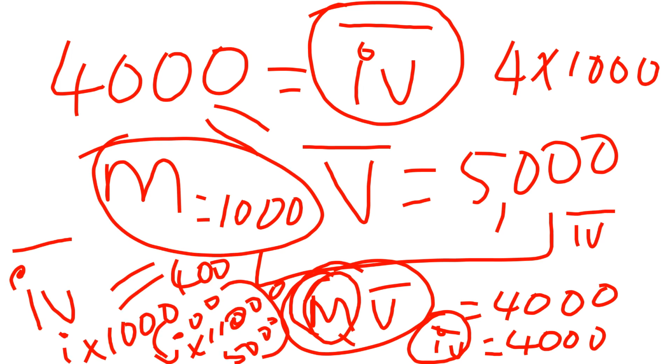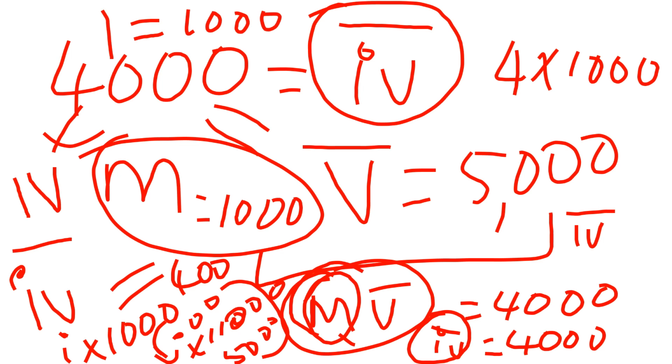And also, there's another way when they write IV, which is capital. Capital I and capital V means 4,000. And capital I is also 1,000. Capital V is equal to 5,000.